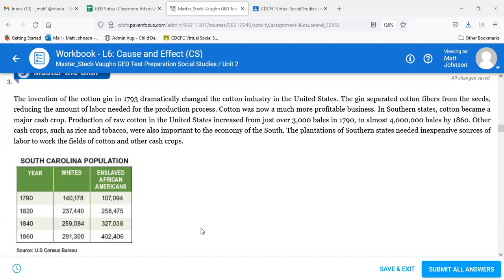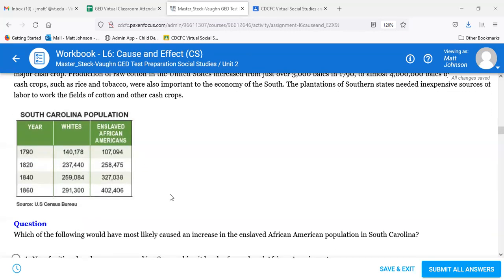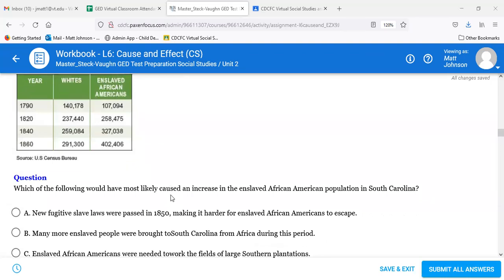That's all they're looking at here: the economic jeopardy that a Lincoln presidency could put them in. So right there, 1860, 291,300 whites, and almost double, or you're getting there, over 200,000 more African slaves in the state. So you could see the importance of slavery to that Southern economy.